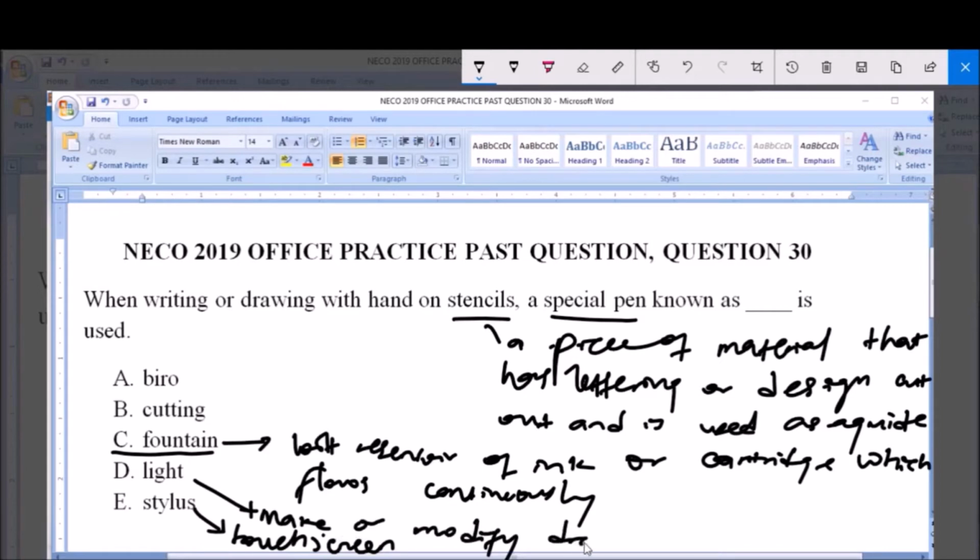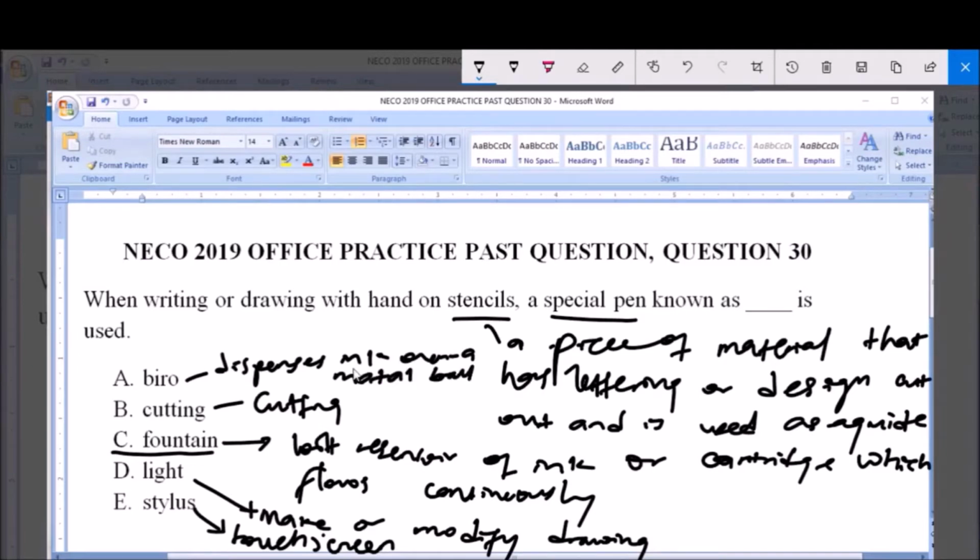It's usually used in the computer. Then cutting pen. Cutting pens are usually used to cut materials. And then biro, the common ball pen, it dispenses ink over a metal ball at a point.